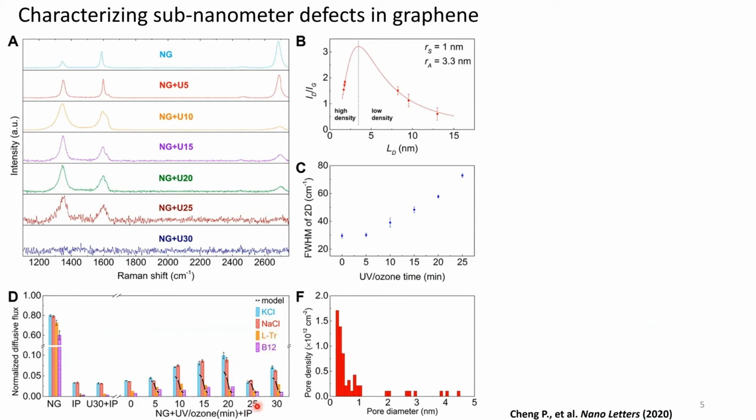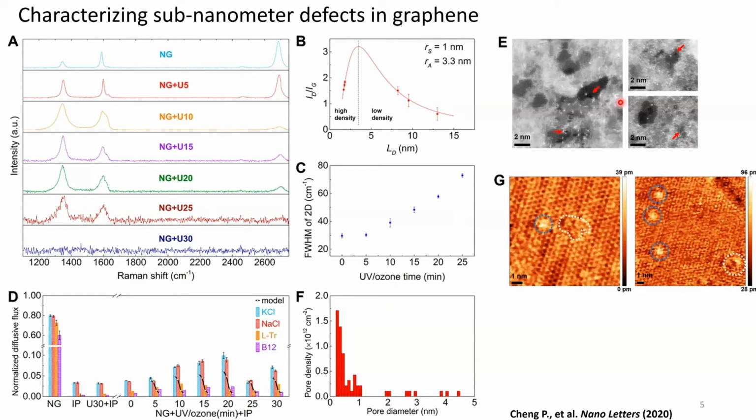What happens surprisingly is that at around 25 minutes, this increase in flux suddenly drops. And this is the region where we think we've now grown these pores large enough that they allow the transport of POS, and this allows POS to block some of these pores, which allows us to get membranes that only allow water transport but don't allow for salt transport, as I'll talk to you about in the next couple of slides. We can also then characterize these pore densities based on extensive STEM imaging.